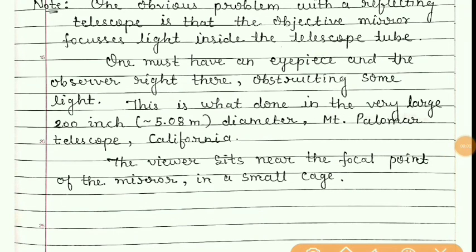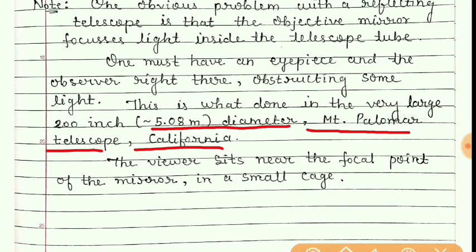Now students, a telescope in California named the Mount Palomar telescope, whose objective diameter is about 5.08 meter. In this telescope, an arrangement is made where the viewer sits near the focal point of the mirror in a small cage.